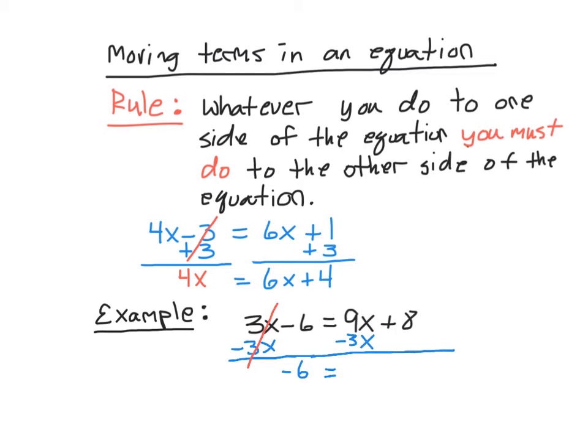And it's been moved to the other side, and now I just combine the 9x and the negative 3x, and I end up with 6x plus 8. And what I've done there is I've simply moved the negative 3x to the other side of the equation. And we're going to use that in our processes for solving equations, where we're trying to collect our variable terms all on one side.